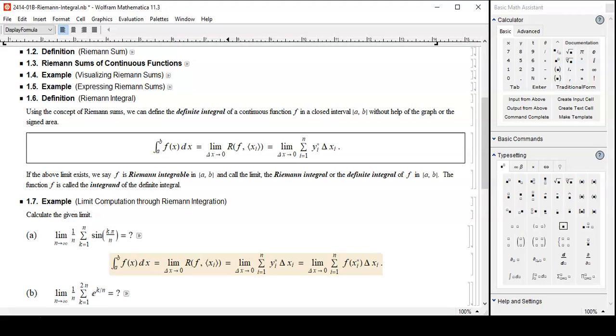And then what is delta xi? Well, in this particular case, you can see we have 1 over n, and that's going down to 0, right? And here, delta x is going down to 0. That's got to be delta x.